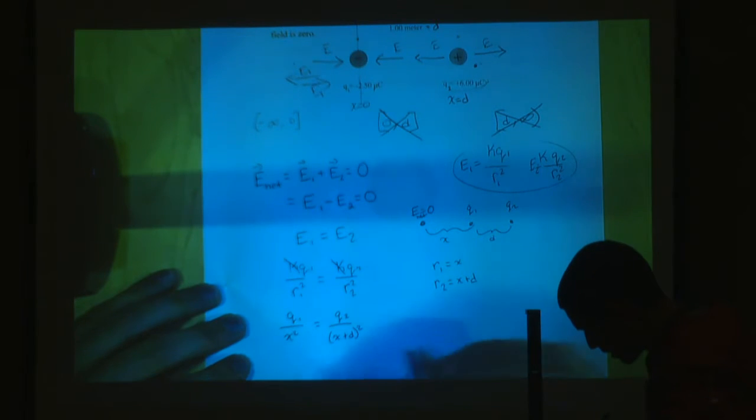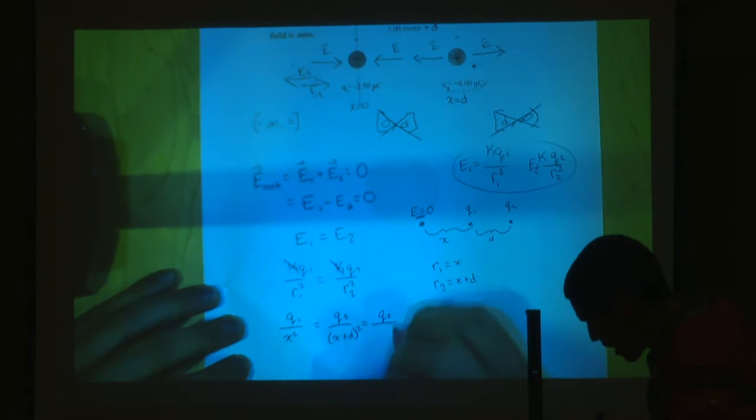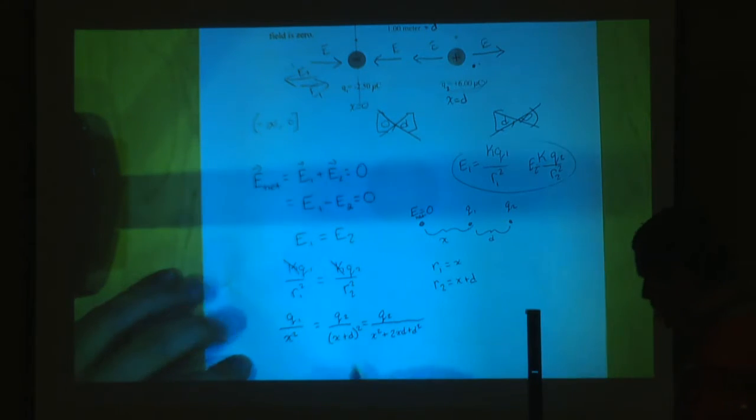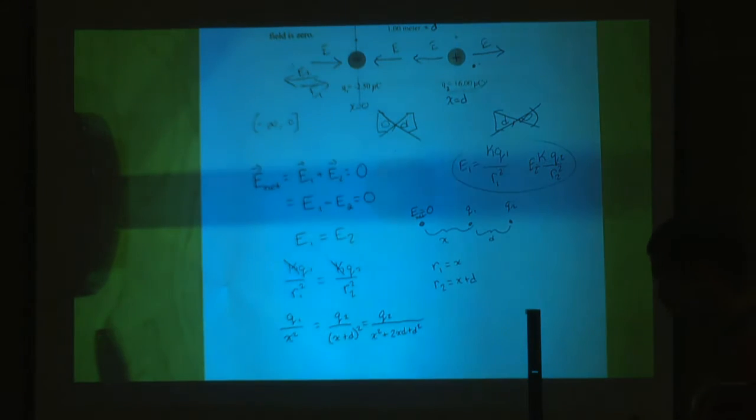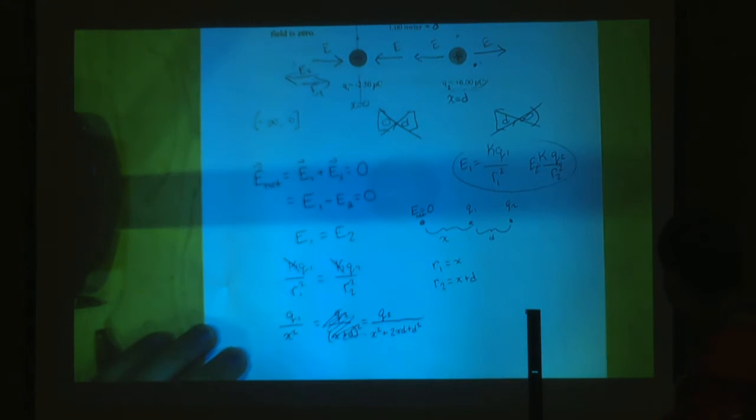But let's simplify this out and see what happens. If we expand that, we'll have X squared plus 2XD plus D squared, okay? So we have Q1. I'm just going to erase that because I simplified it here, or foiled.